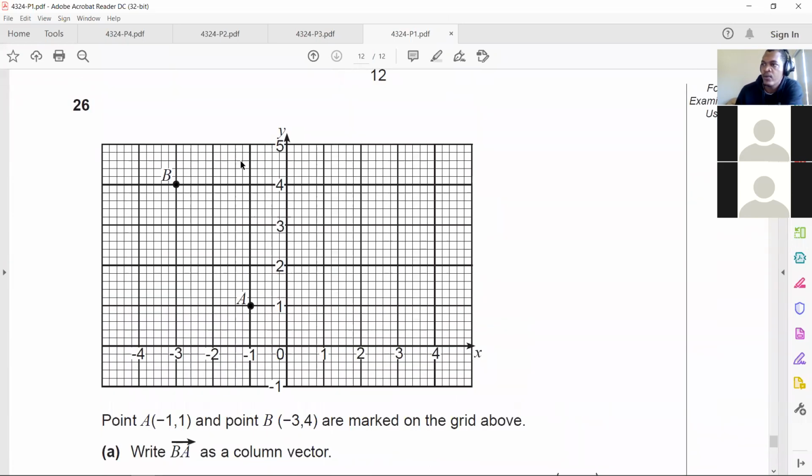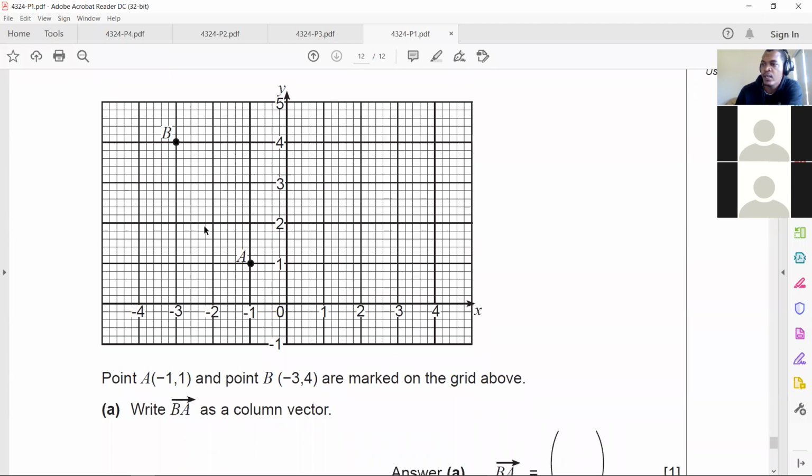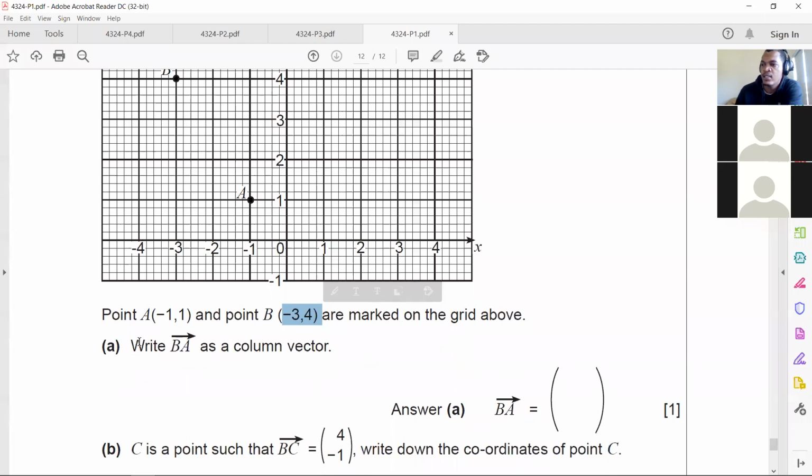So the question starts off with a grid, y-axis, x-axis, and we have 2 points there, A and B, and they give you the coordinates of point A and the coordinates of point B are marked on the grid above. And then it says here, write BA as a column vector.